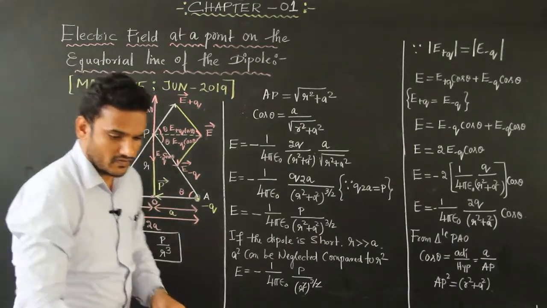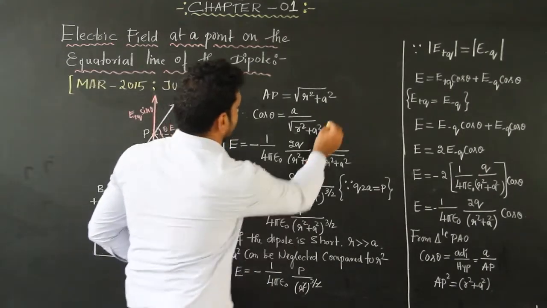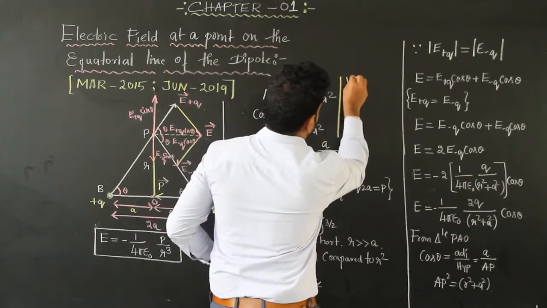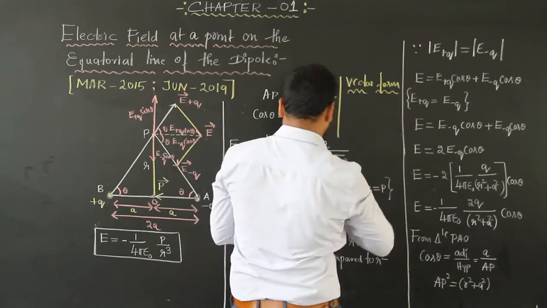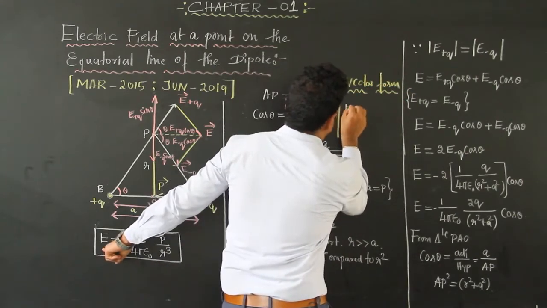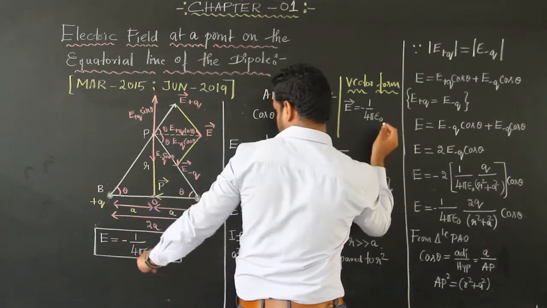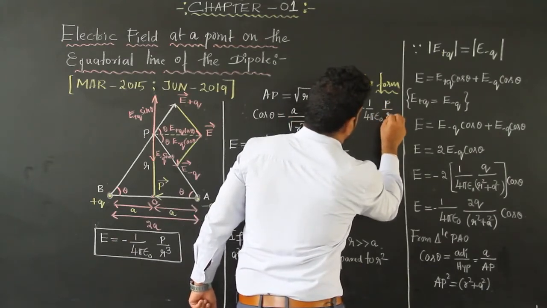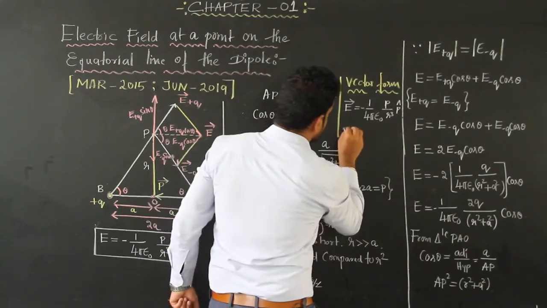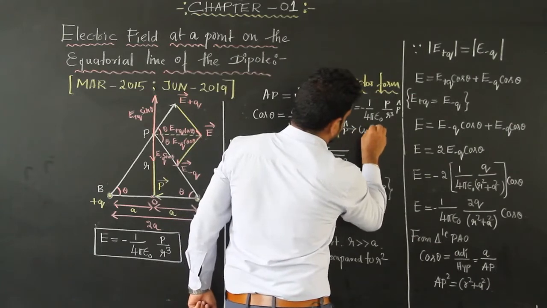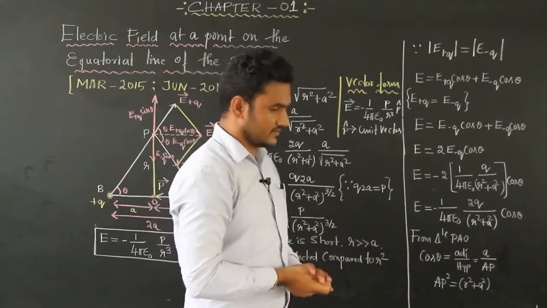We can express this in vector form. E vector is equal to minus 1 over 4 pi epsilon naught P divided by R cube P cap. Instead of using R cap, here I am using P cap. So P cap represents the unit vector in the direction of electric dipole moment.